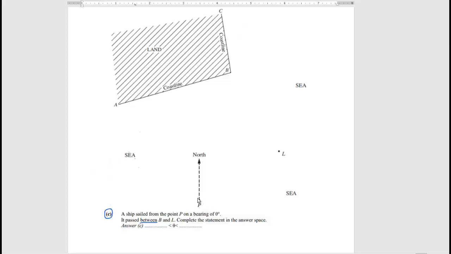So there is a ship over here, and this ship has to move from this point with some direction which is given in the shape of the bearing, and this ship passed between B and L. This is point B and this is point L. The ship has to pass between these 2 points, from here to here, and we have to complete the statement in this answer space: this theta, the bearing of the ship from point P, the minimum value of that bearing and the maximum value of that bearing.